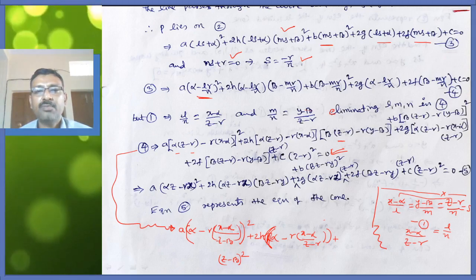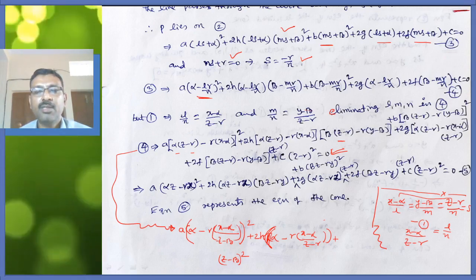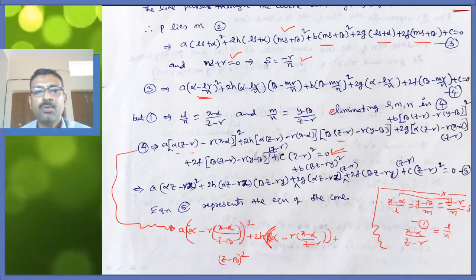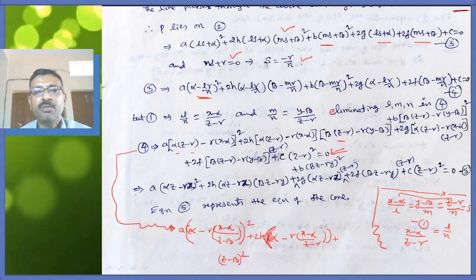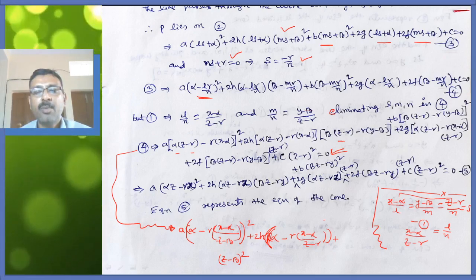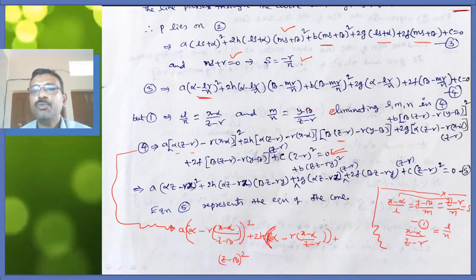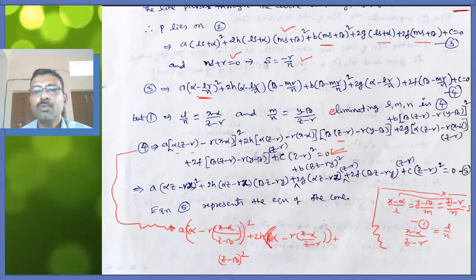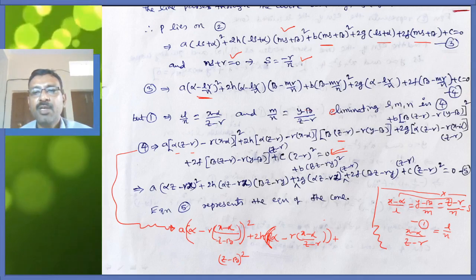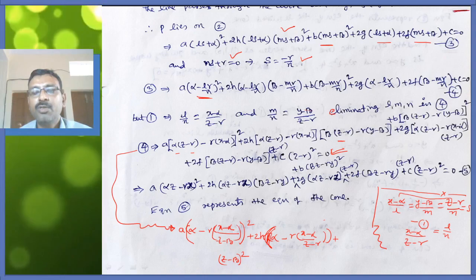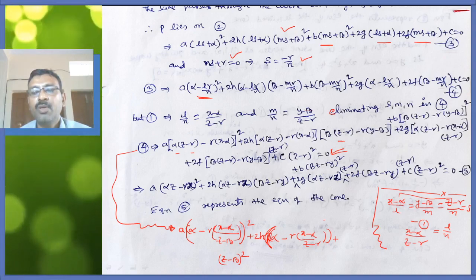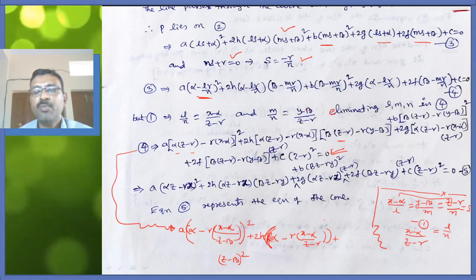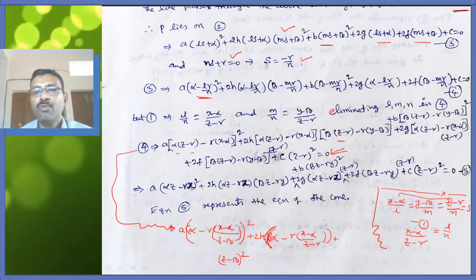After simplification we get these terms: 2h into alpha z minus gamma x, beta z minus gamma y, 2g into alpha z minus gamma x into z minus gamma, 2f into beta z minus gamma y into z minus gamma, plus c into z minus gamma whole square equal to 0.